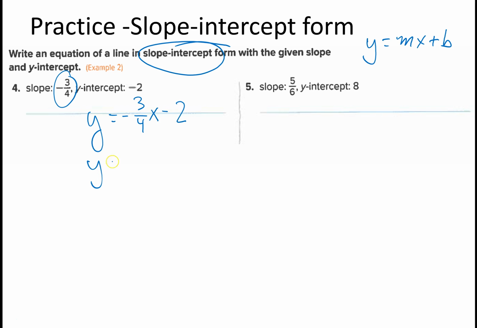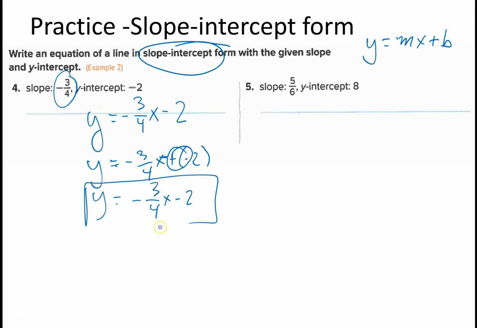Or if you want to be a little more specific, y equals negative 3/4 x plus a negative 2. But because that equals a negative, it's going to be negative 3/4 x minus 2. Slope-intercept form.